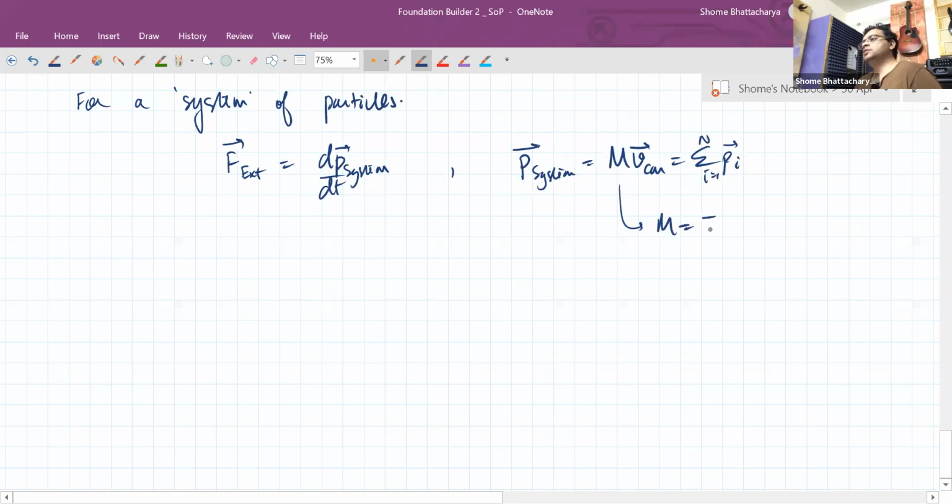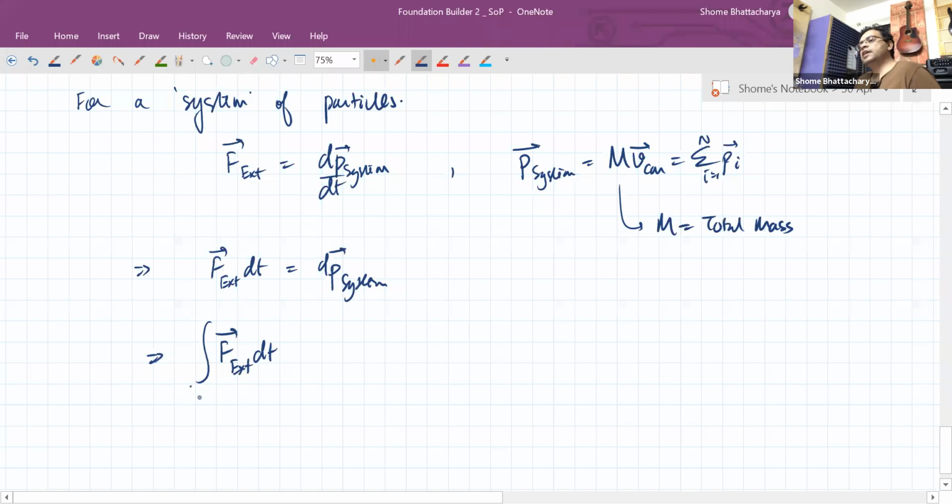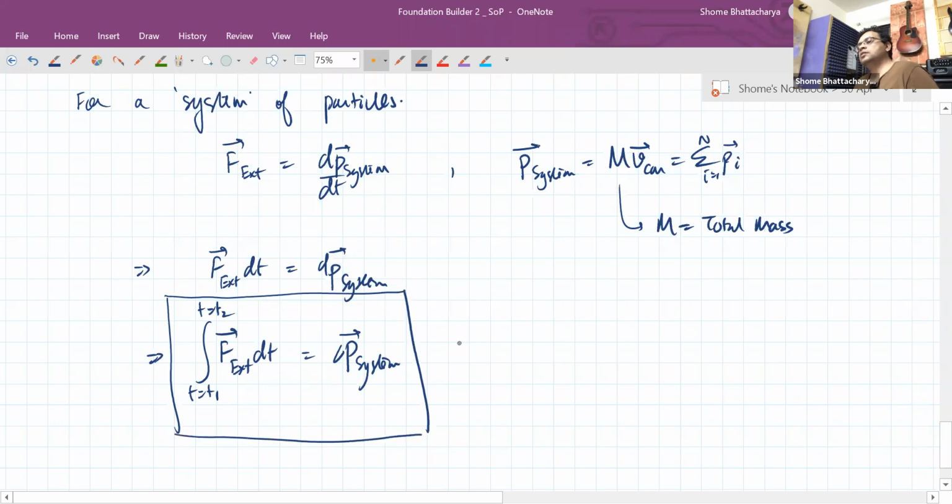So capital M is total mass. Now if we cross multiply the time on this side, we can see that again integration of the net external force from whatever time t1 to whatever time t2 is equal to the change in momentum for the system. So this is the way we express the impulse momentum theorem for a system of particles.